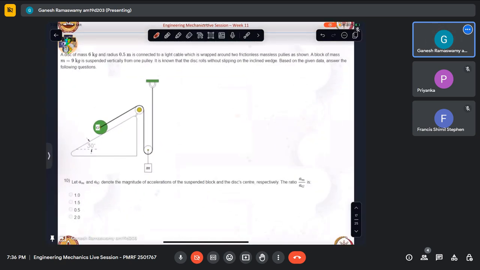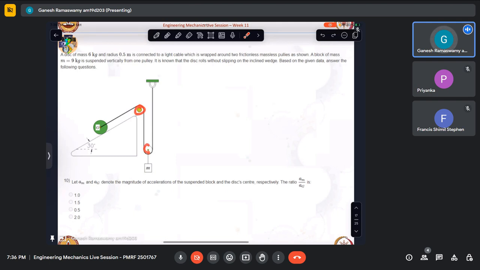Okay, so the question says a disk of mass 6 kg and radius 0.5. Where is the disk? Here. So this disk is connected to a light cable which is wrapped around two frictionless massless pulleys. One pulley is this.